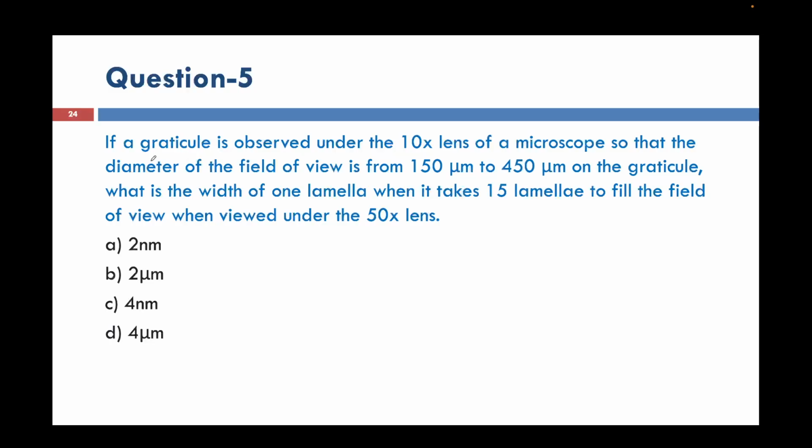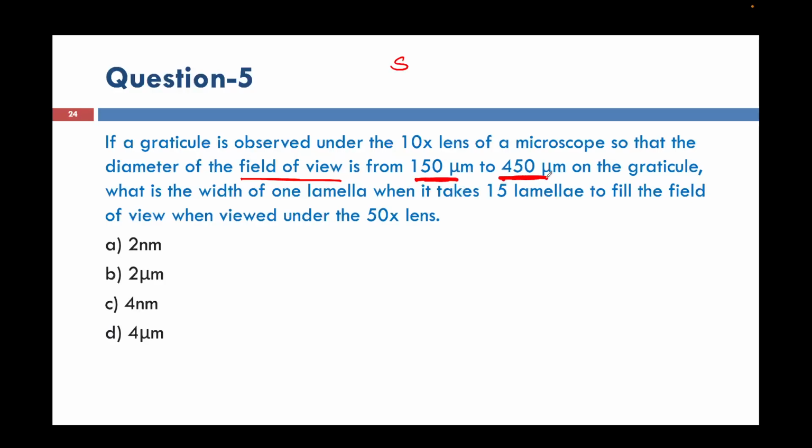So we will see this question. One thing given is the field of view. I have told you the field of view index, if you remember, that is known as S.